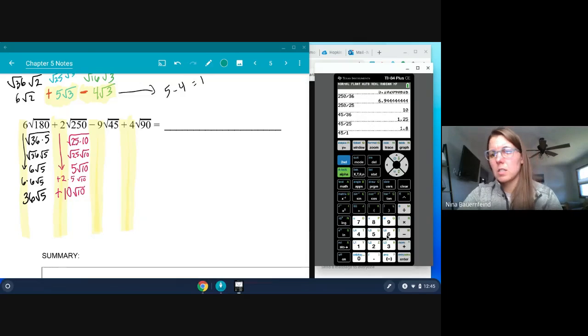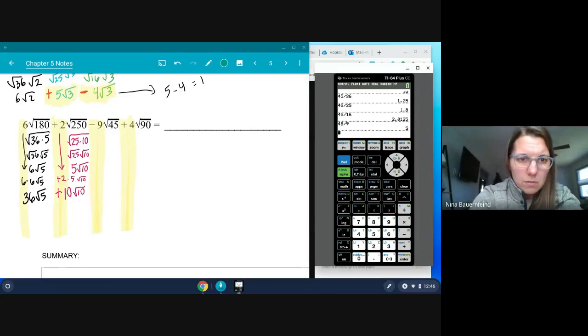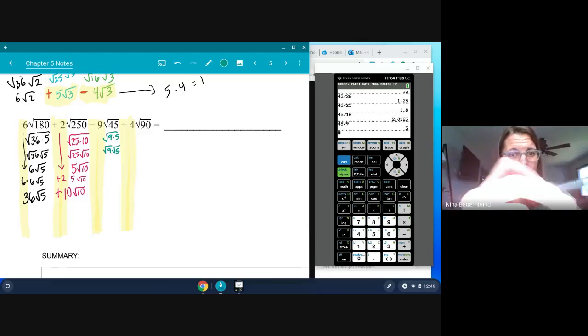And next is 16. And then is 9. Okay, so 9 and 5 comes out. So what we're going to do is rewrite this as 9 times 5 and then split it up. So what's that going to simplify to? What's the next line in green going to be?